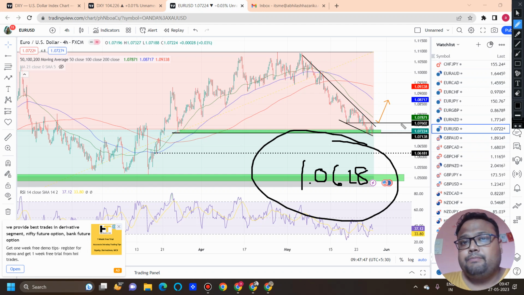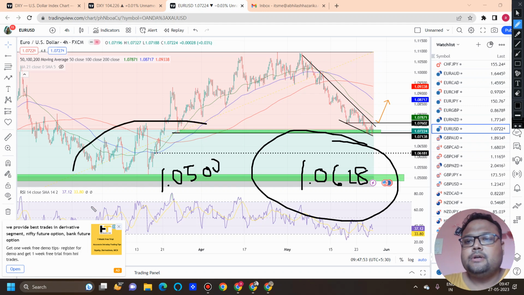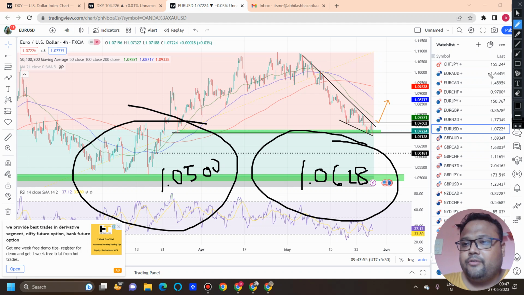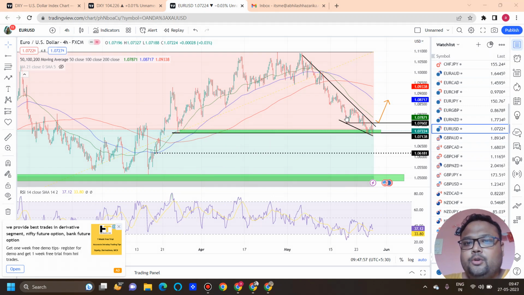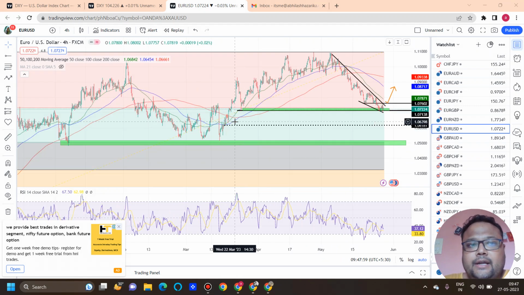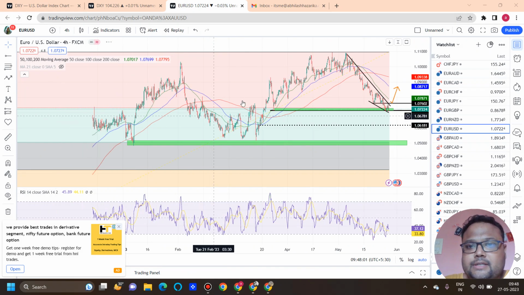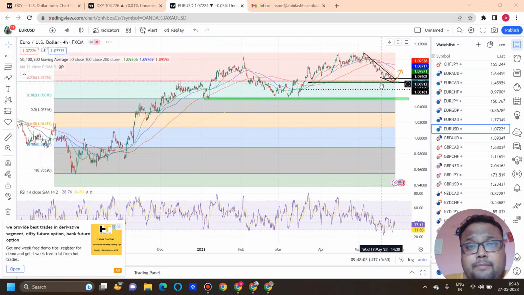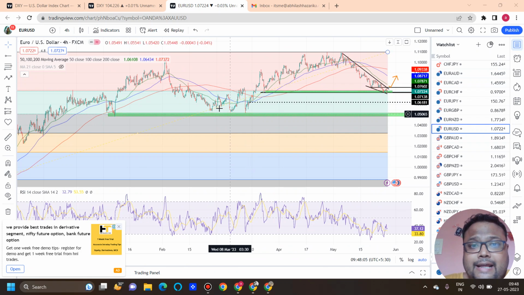The strongest support on the chart of Euro USD is around 1.0500, and this level is quite far away, around 200 to 260 pips. You can see that there is a huge gap between the current market price and the next immediate support here.